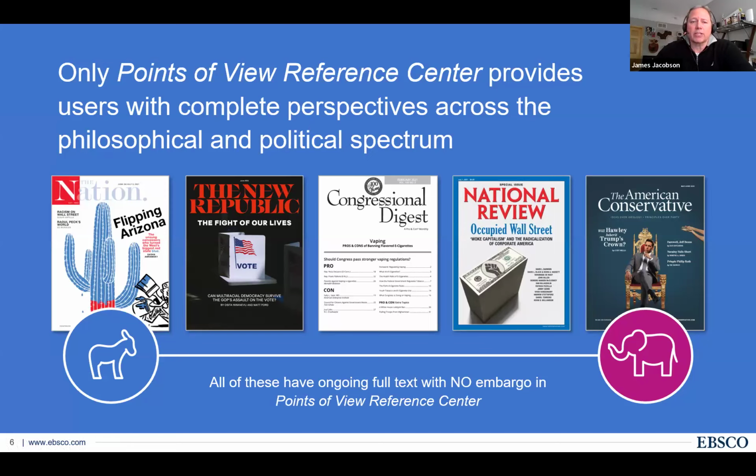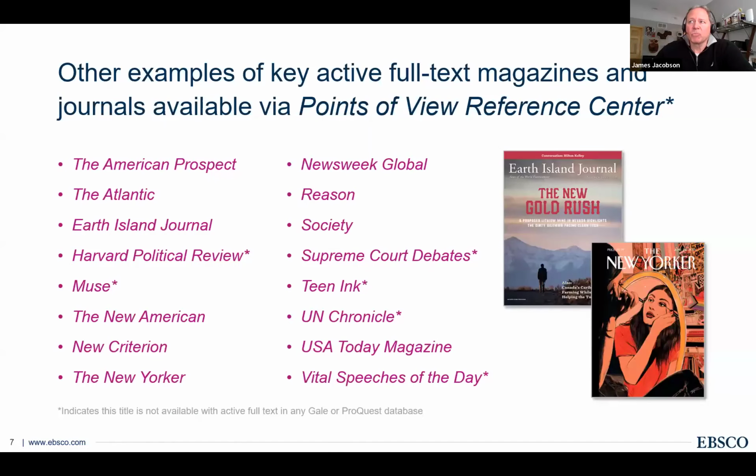You'll have excellent resources and publications to draw from when you're looking at the different topics that you're exploring. Some other key examples: the American Prospect, the Atlantic, Harvard Political Review, the New Yorker, Teen Inc., just a number of great resources, many of which are exclusive to the EBSCO product line.